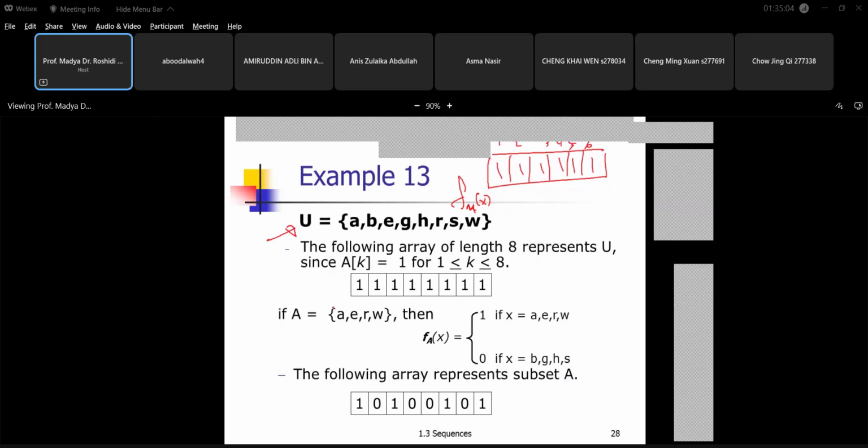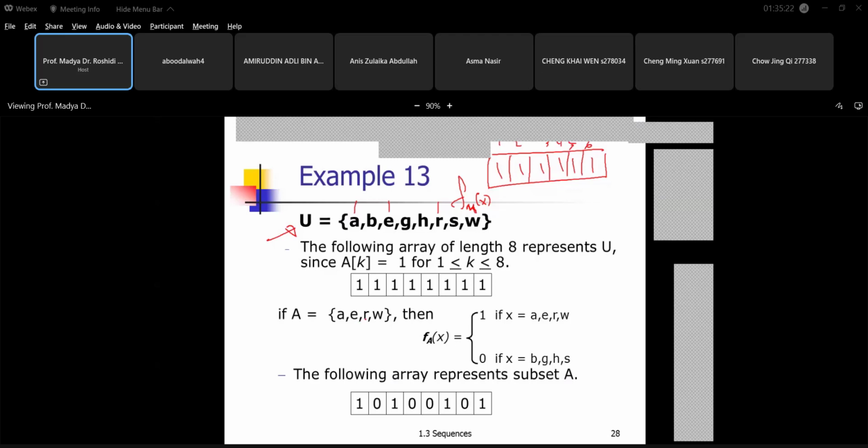If A only represents A, E, R, W, the locations of A, E, R, W are location number 1, location number 3, location number 6, and location number 8.